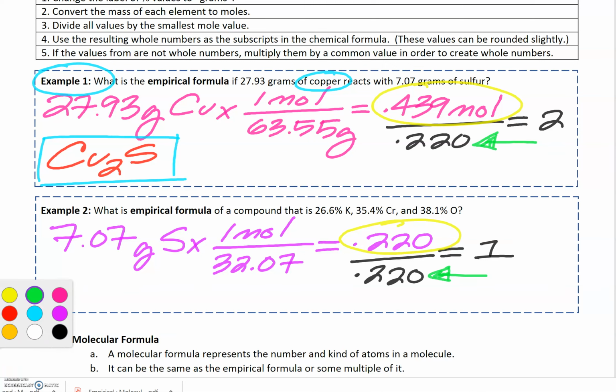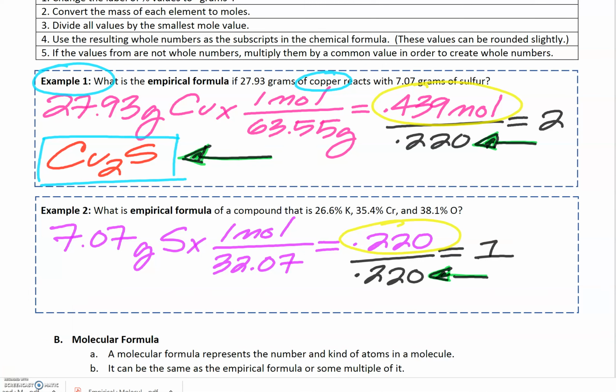What I ended up with is a 2 and a 1. Those became my formula. So if you look right here, I have a copper 2 and a sulfur 1, so Cu2S. And that's the second example for you.